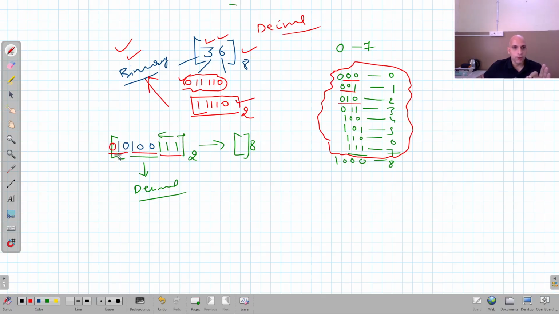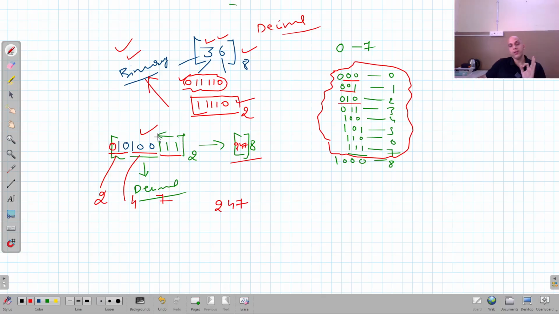So 0 1 0 corresponds to what? 2. 1 0 0 corresponds to 4, right? And 1 1 1 corresponds to 7. So the given number is 247 in the octal number system. 247, right? This is the number corresponding to the given one.